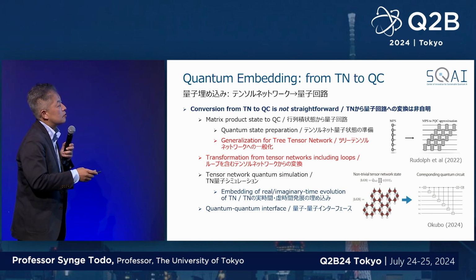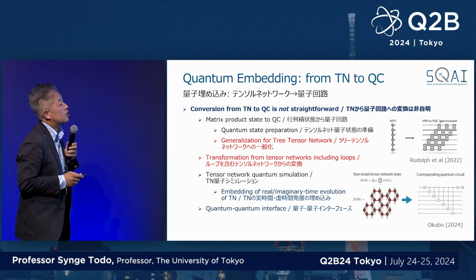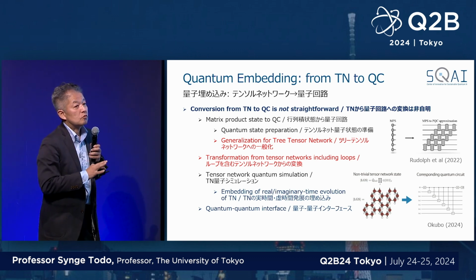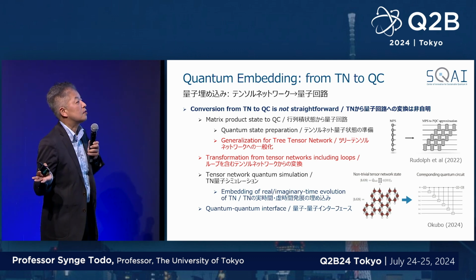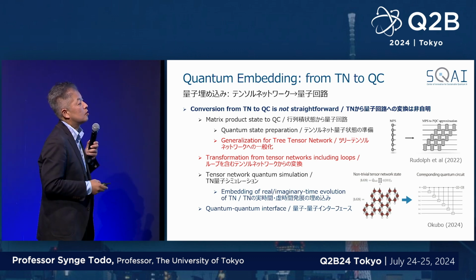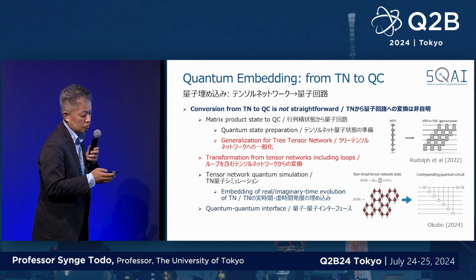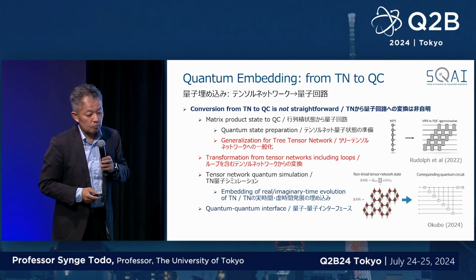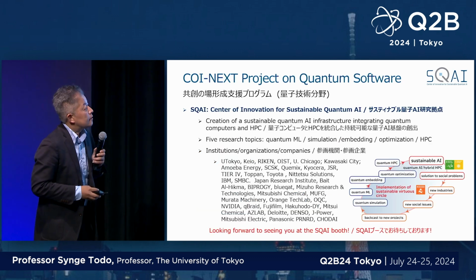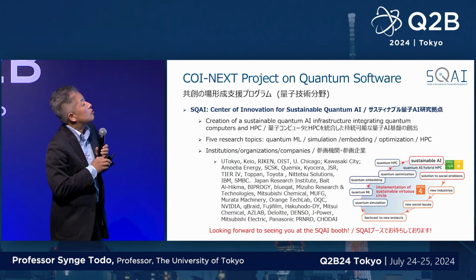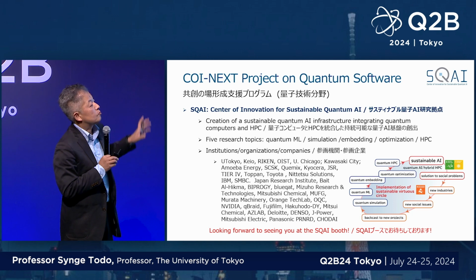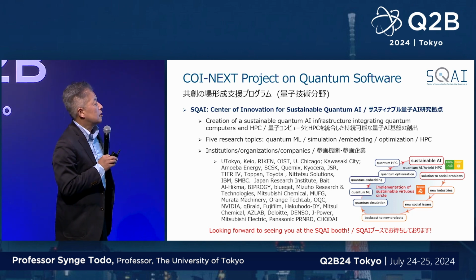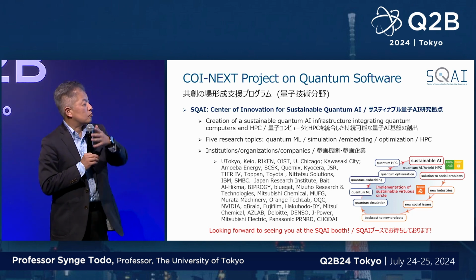If this is possible, combining the technology that I explained one slide before, we will be able to embed that into a quantum circuit, meaning that we will be able to connect quantum to quantum. So I'm repeating myself here, and this is what we want to achieve as we are promoting this project.